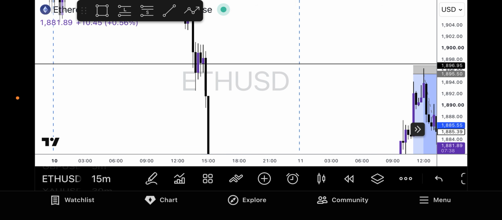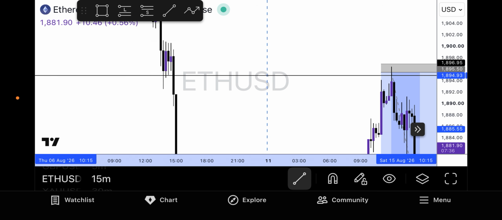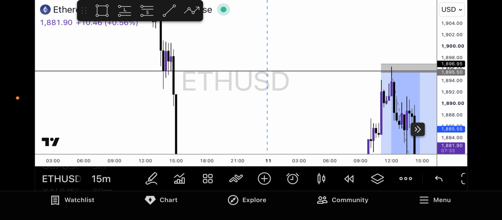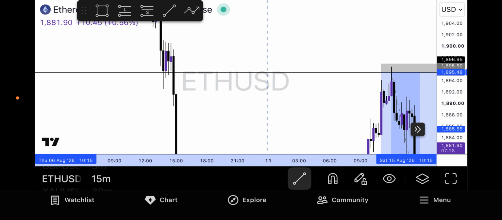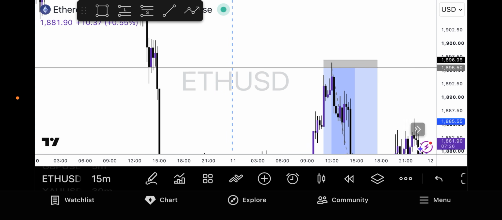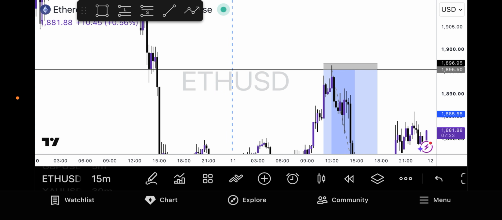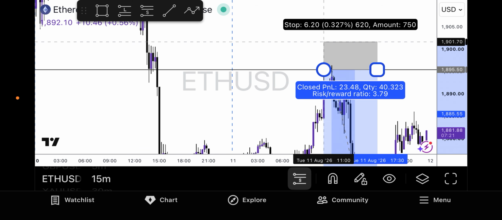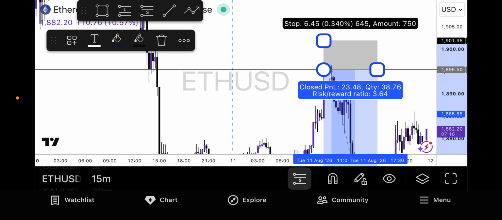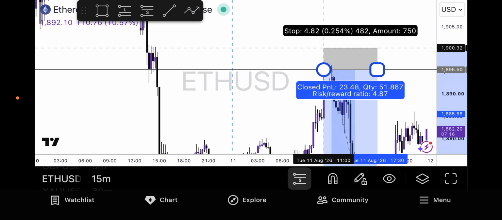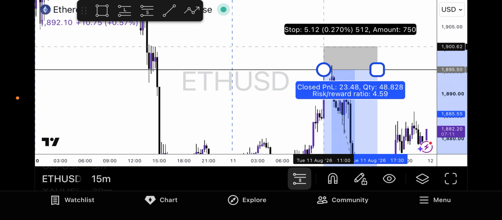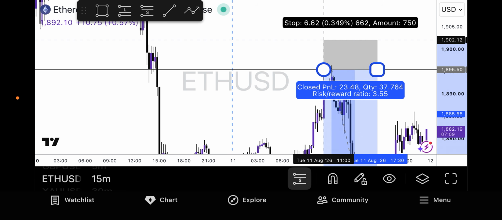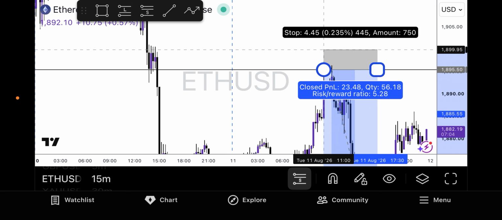And look at it. This is where you put it. As you can see here. So when it comes to hiding structure, especially, I used to put my SL here above this, in case the market wants to take all this liquidity, because especially the market used to take the weak ones. When the market comes, it will push up and go above and take everything before it starts pushing down.